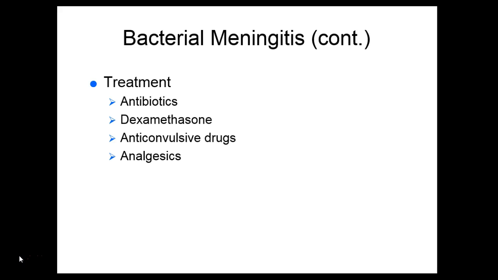The disease usually responds well to IV antibiotics, followed by oral doses given for a total of up to 10 days. Dexamethasone has proven beneficial to decrease the inflammation, and anticonvulsant drugs are administered to control seizures. Ibuprofen, aspirin, or acetaminophen is given for headache.